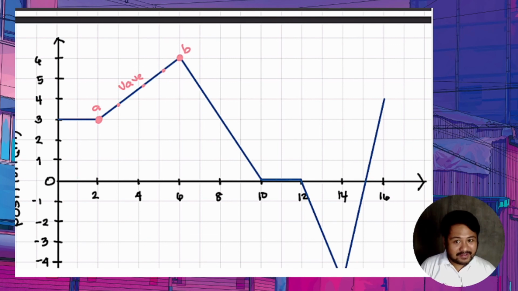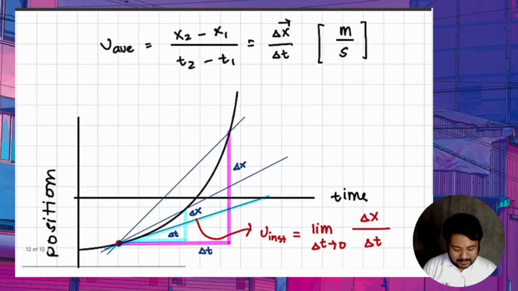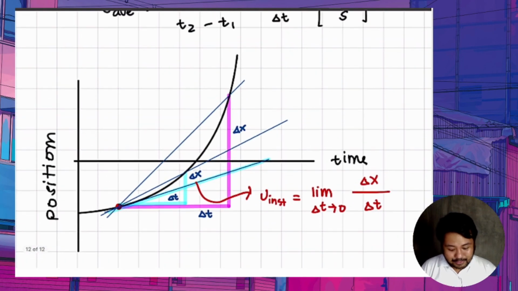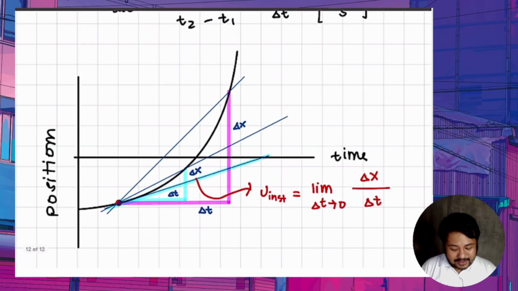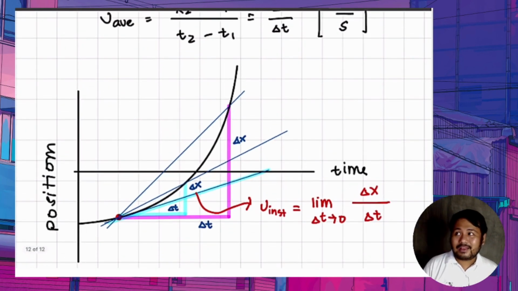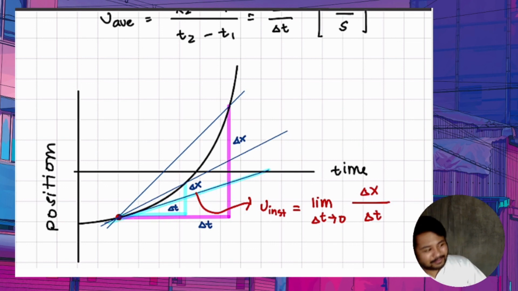So, we will now have the instantaneous value. So, how do we get that instantaneous value? So, still, slope. But let's take a look at this one. As you can see with this average velocity, it is 2 points, right? If you have a curve, and then if you're going to get an average value or average velocity rather, is that we're actually getting the slope of our secant line.